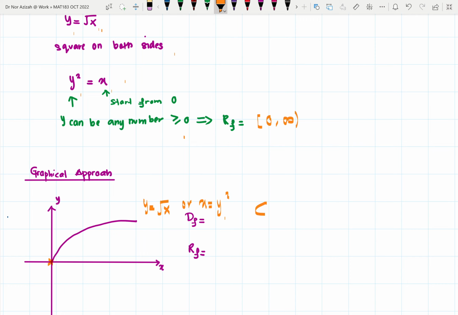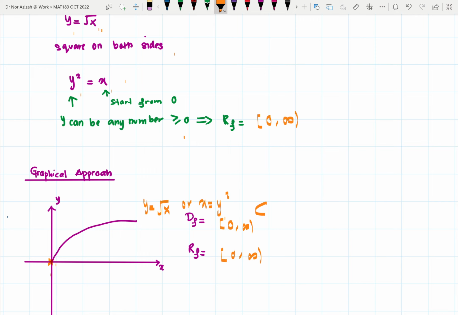Because of the square root, it is only valid for y greater than or equal to 0. So based on the graph here, the domain, the value for x, is from 0 until infinity, and the range also is from 0 until infinity.